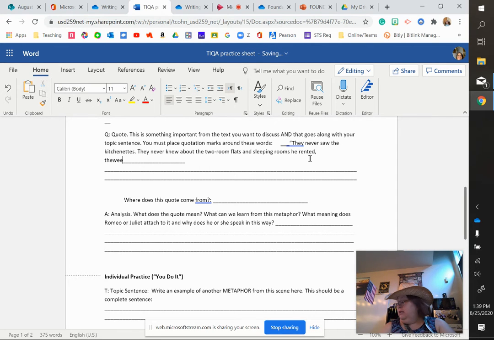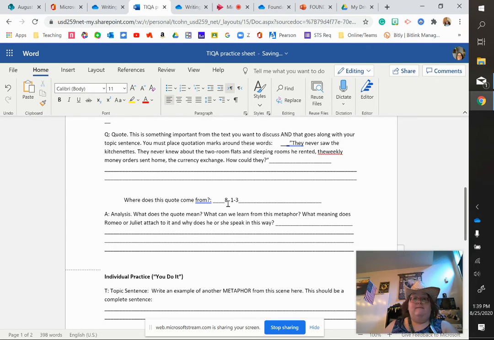The weekly money orders sent home, the currency exchange, how could they?" And this comes from, obviously, paragraph 8 and lines 1 through 3.